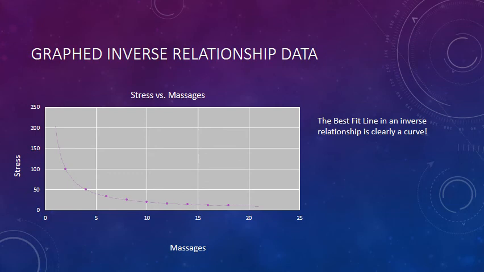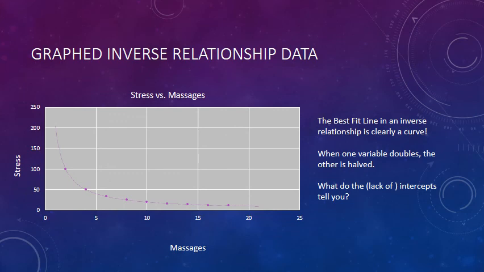So inverse relationships make a nice curve on a graph that looks just like the curve that you see in front of you. And if you look at 2 data points on the graph, when one data point is doubling, the other one is halving. So when we go from about 4 massages to 8 massages, our stress went from 50 to 25. So that's what you notice when you look at the individual data points on the graph.